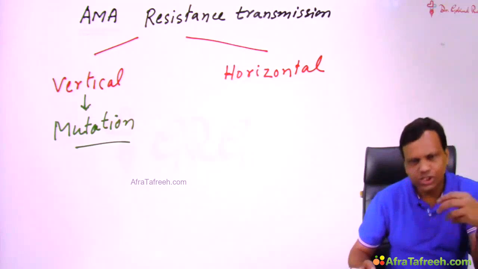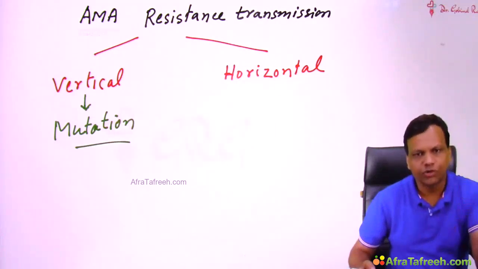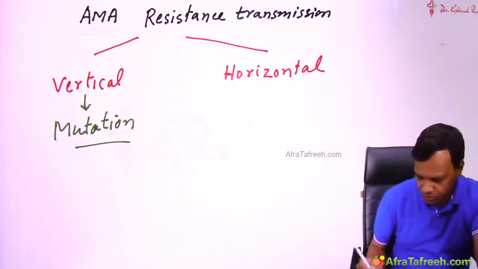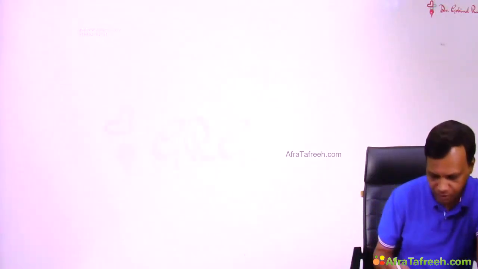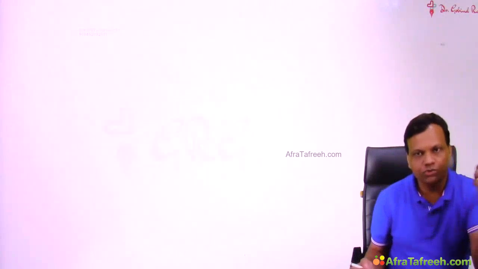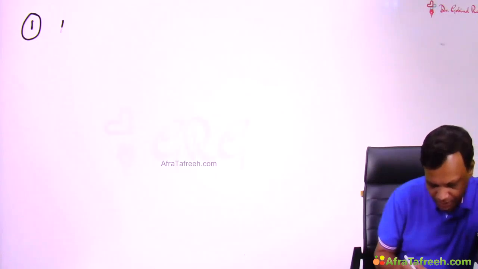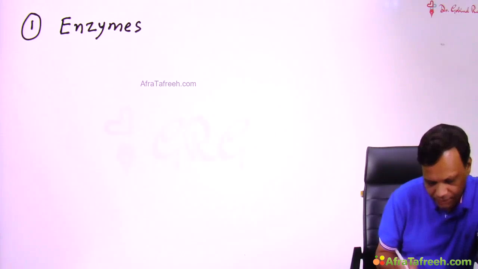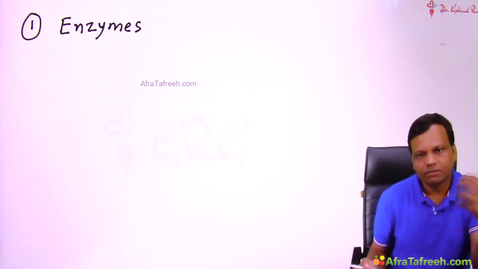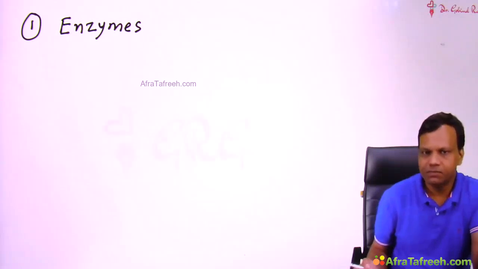Now what can happen due to mutation so that the resistance occurs? There are many mechanisms of development of resistance. What are those mechanisms? The bacteria may develop inactivating enzymes that can kill the antibiotic. When the antimicrobial is broken, the bacteria will become resistant.